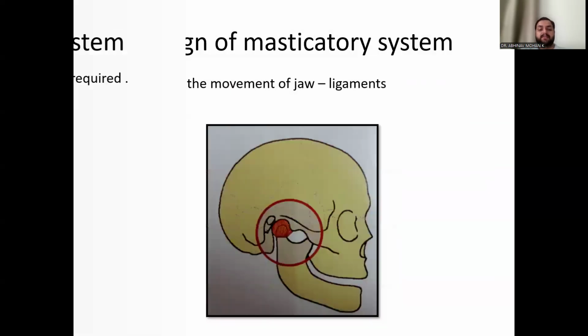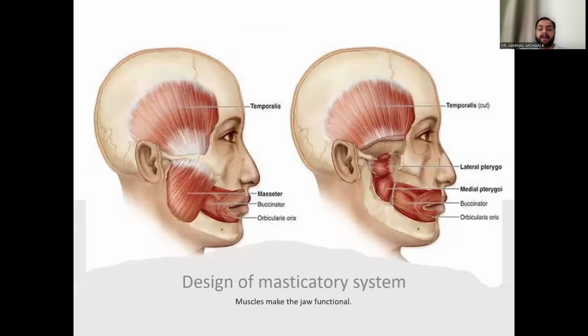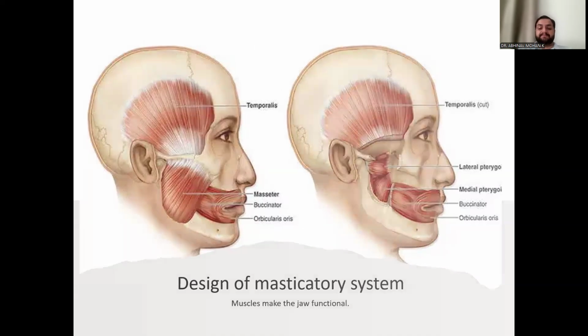The movements are further controlled by the temporomandibular joint ligaments. And finally, when it comes to function, you need your muscles of mastication, the primary as well as the accessory muscles, which are responsible for your various mandibular movements.